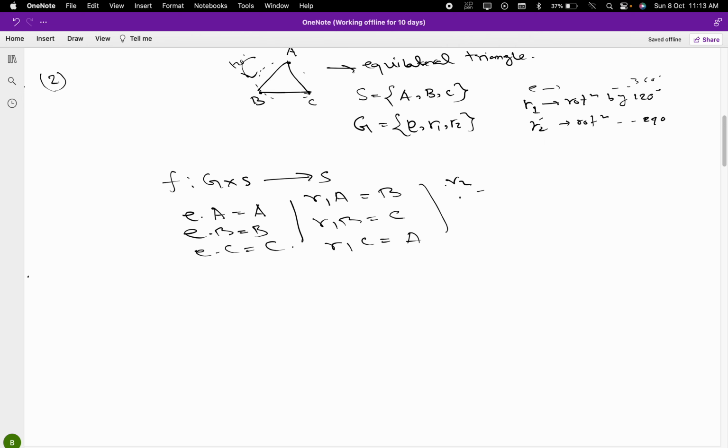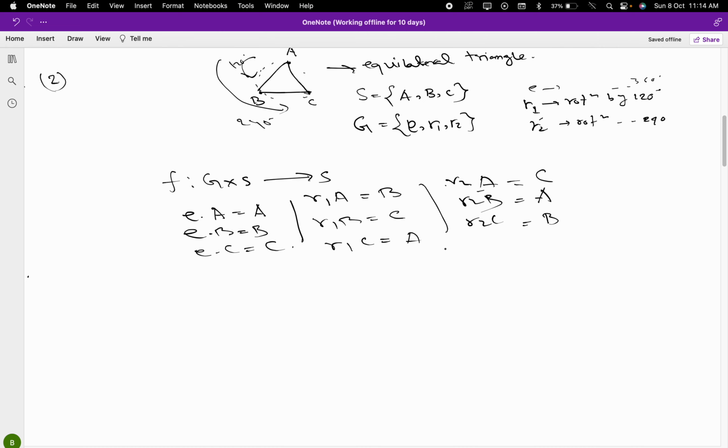Same for R2 of A, R2 of B, R2 of C. R2 is a rotation by 240 degrees, you just rotate it by 240 degrees, right? So A will go to C, B will go to A, and C will go to B. Okay, this map is a well defined map, right?